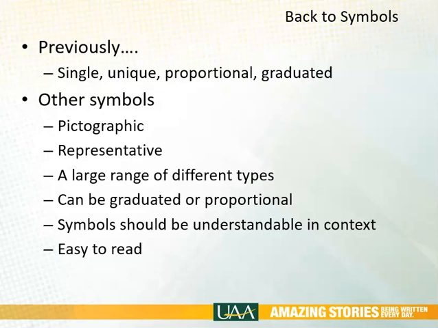But I wanted to come back to symbols again to say that there are all sorts of other types of so-called pictographic symbols. There's a huge range of different symbols out there that can be graduated or proportional, just like these other symbols can. These would include things like parking lot symbols, as we looked at before, or any number of different types of symbols that you may want to use on a map that you make.